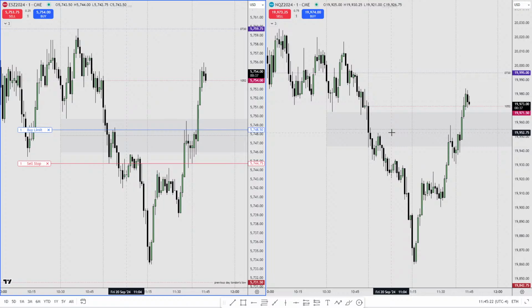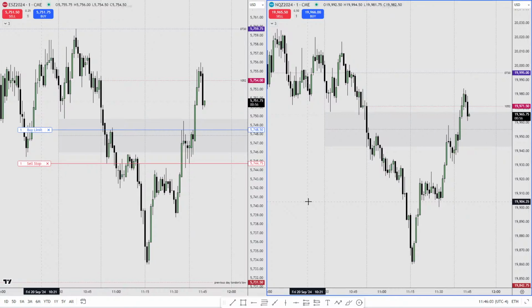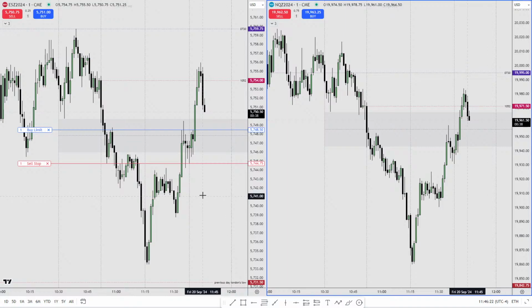For NQ, I think it's a little bit clearer. Well, let's see. We are entering the macro soon. So if I were to be tripped in, I would like to see an immediate response.